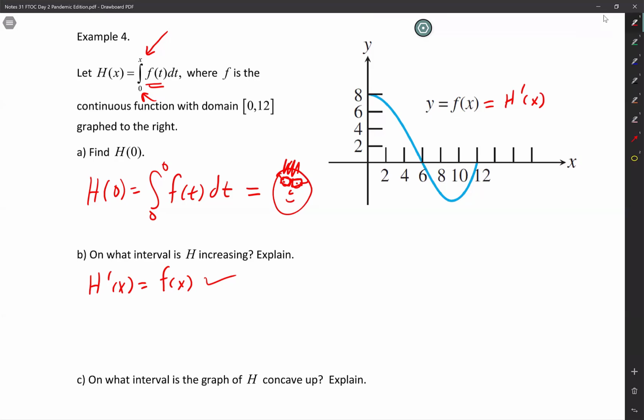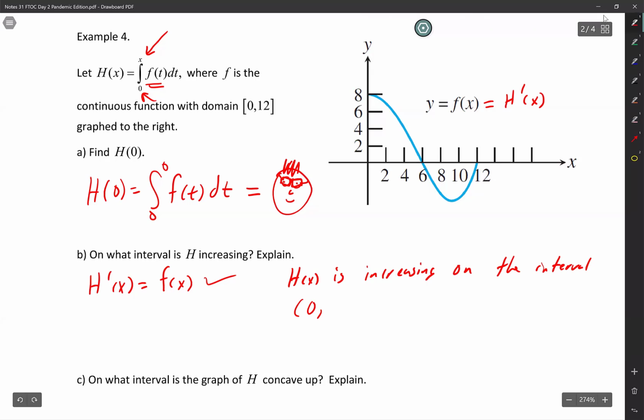So where is H prime increasing? From 0 all the way to 6. Perfect. And I'm going to write that. I'm going to write H of X is increasing. Don't write a paragraph, guys. Just write one sentence. H of X is increasing on the interval, and you can do parentheses or brackets.